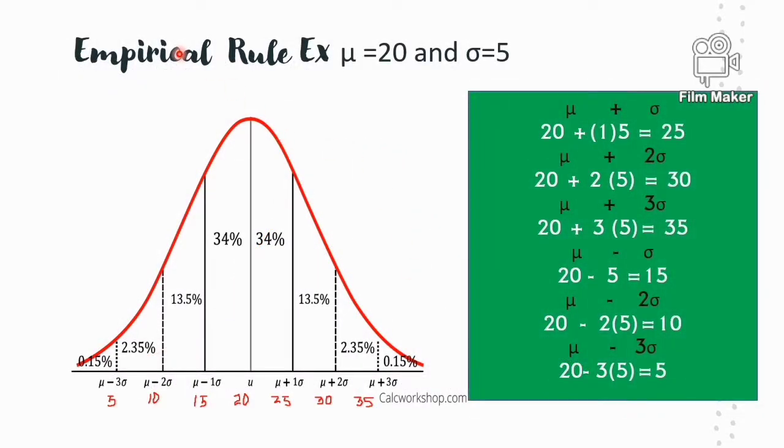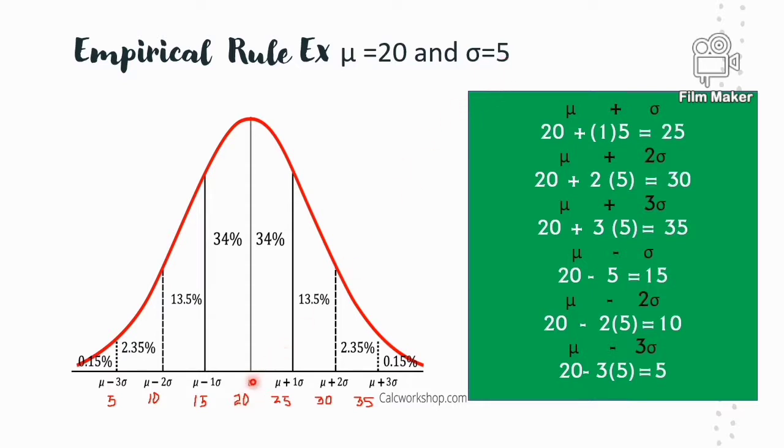Okay, so how do we explain this as the empirical rule? We have the mean and the standard deviation. The mean is 20 and the standard deviation is 5. In the center, we write the mean, 20.